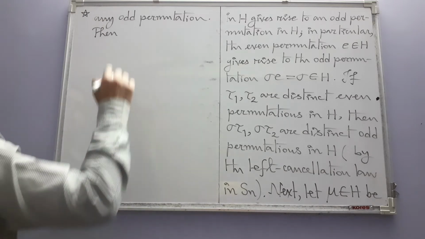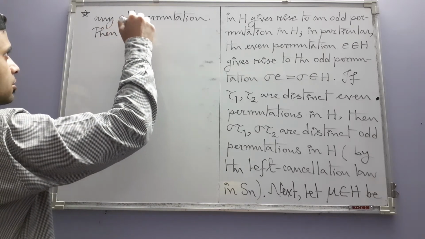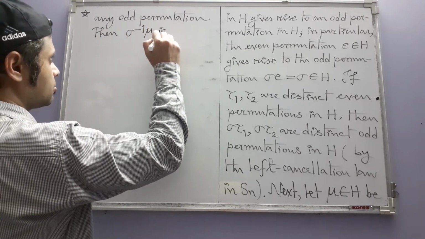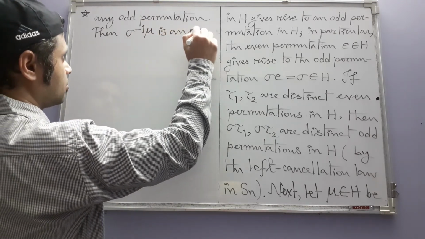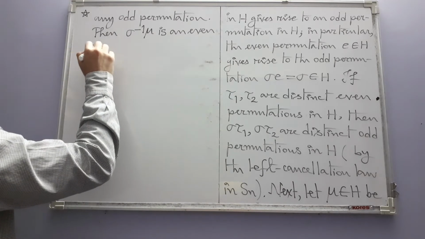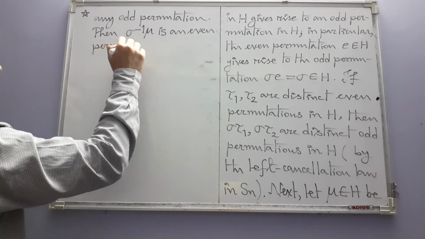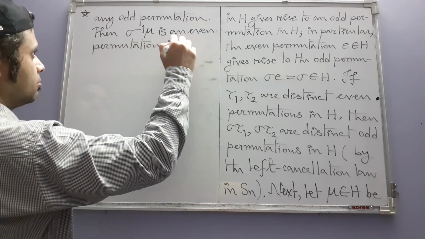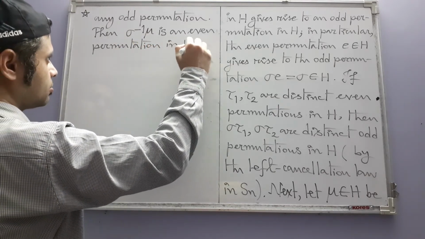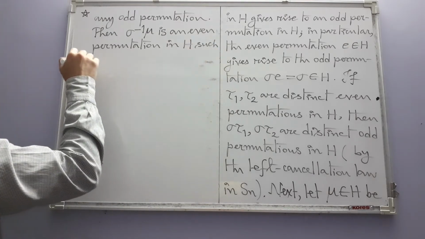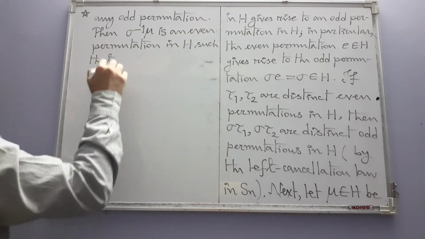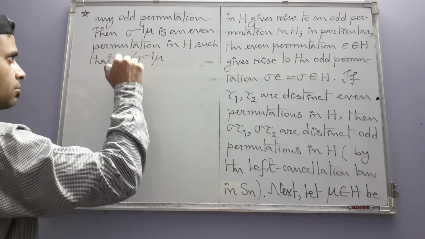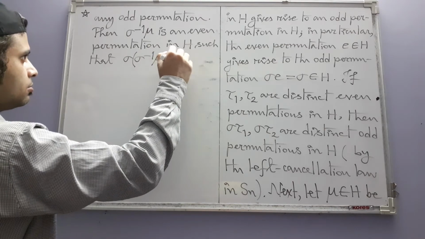Okay, then sigma inverse mu is an even permutation in H such that sigma times sigma inverse mu is equal to mu.